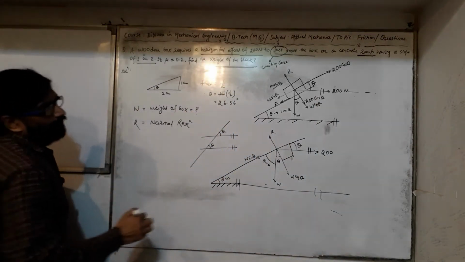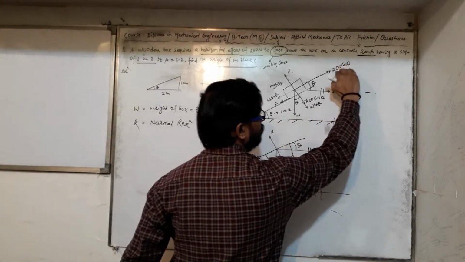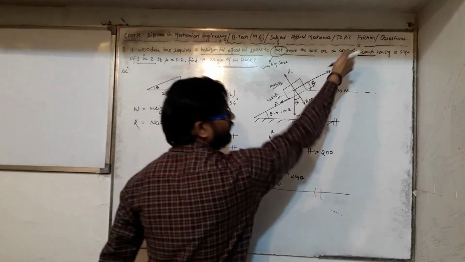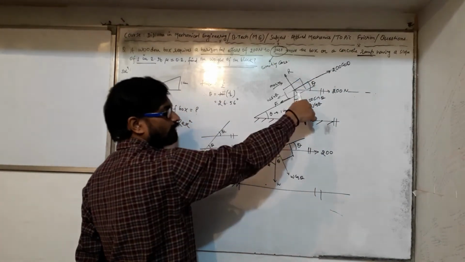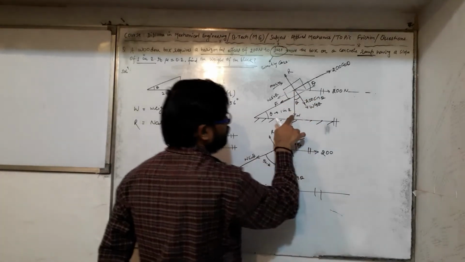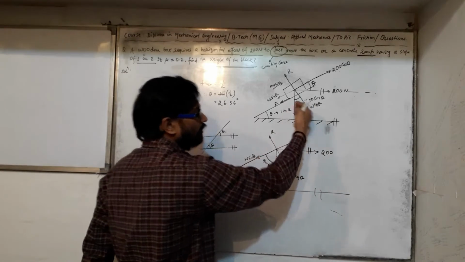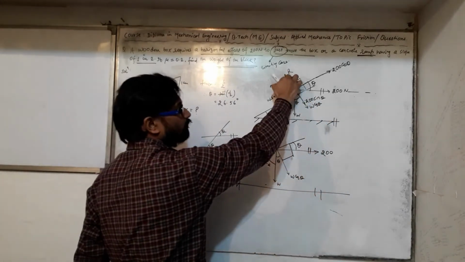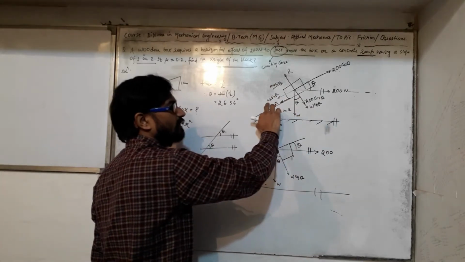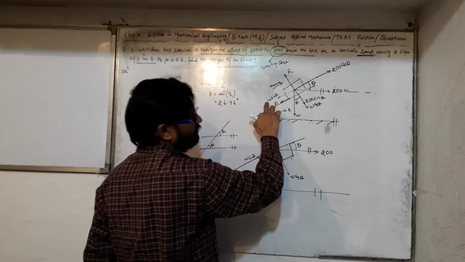So we have already taken two components of this 200 Newton: one is 200 cos theta along the direction of the inclined plane, and one is 200 sin theta perpendicular to the inclined plane. And this W, which is acting in the downward direction, making an angle of theta, also has two components. One is W cos theta opposite to the normal direction, and one is W sin theta, which is acting perpendicular to W cos theta.